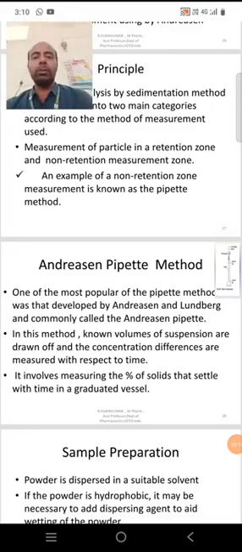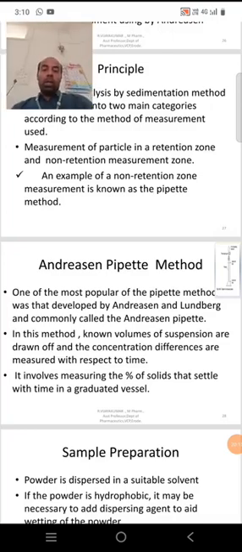In this method, known volumes of suspension are drawn off and concentration differences are measured with respect to time.